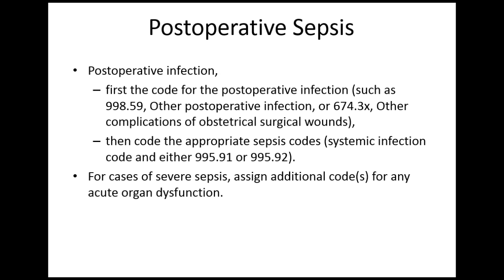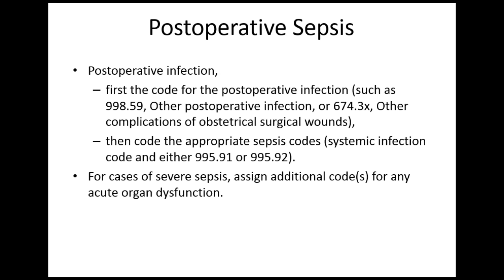In the cases of post-op infection, assign first the code for the post-op infection, such as 998.59 or 674.3, which are post-op infections or post-op obstetrical surgical wounds, followed by the appropriate sepsis code, either the systemic infection code and 995.91 or 995.92.